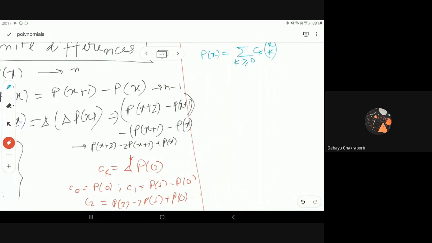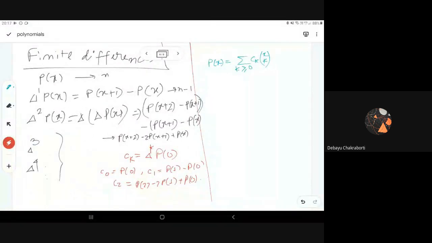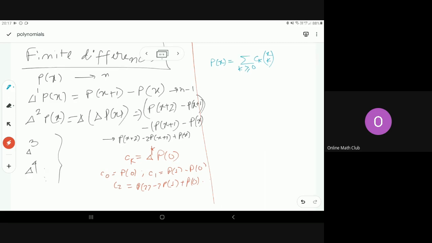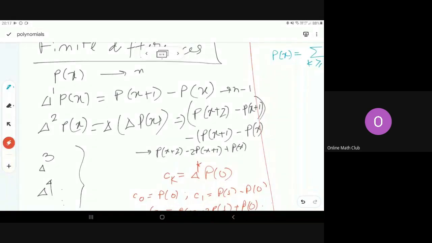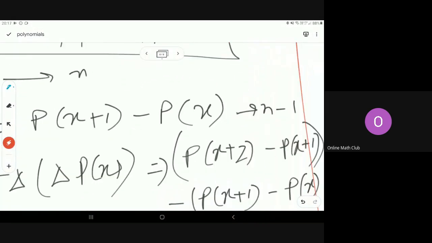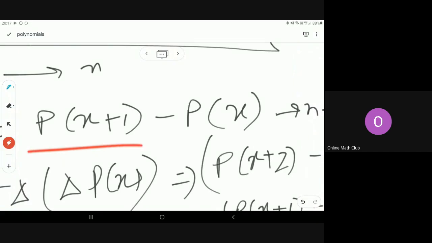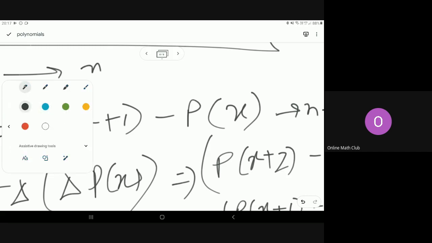Now that we know what finite differences are, and I just defined them. Yes, he asks, can you explain how you got n minus 1? Well, actually, you can just work it out on your own.